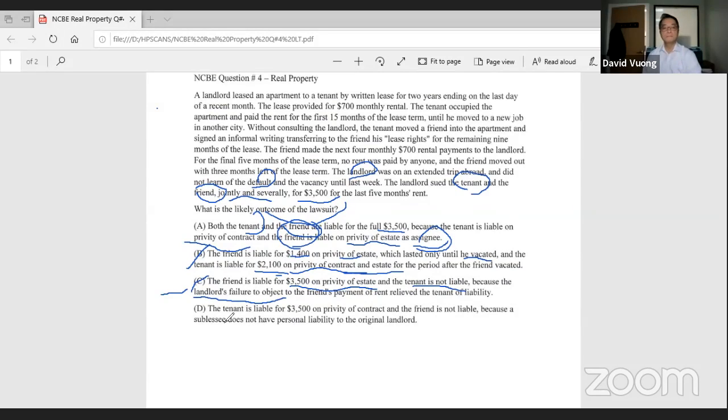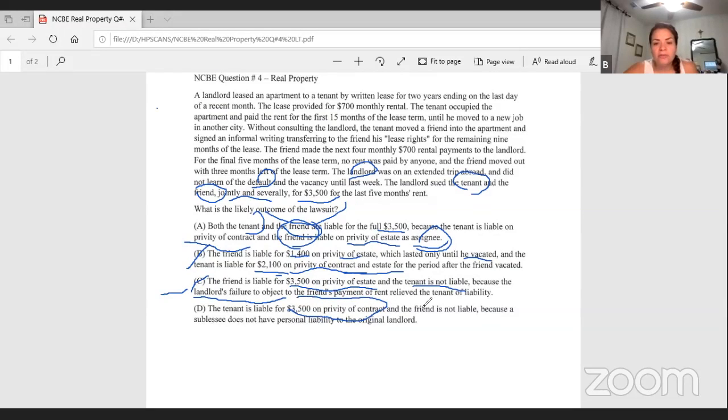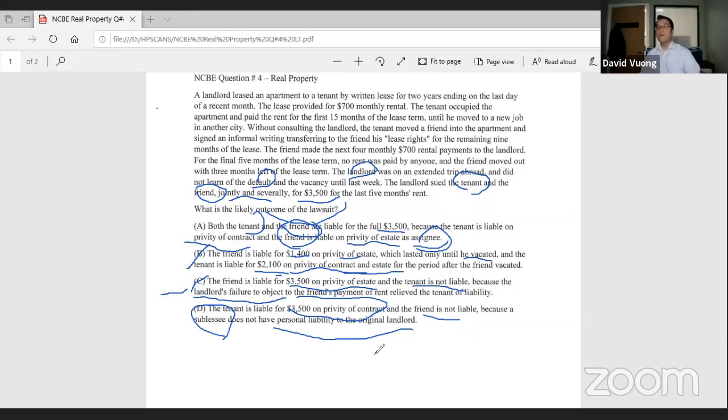Now D. The tenant is liable for $3,500 on privity of contract, and the friend is not liable because a sublessee does not have personal liability to the original landlord. This is a false statement, because a sublessee is always personally liable for privity of estate to the landlord.